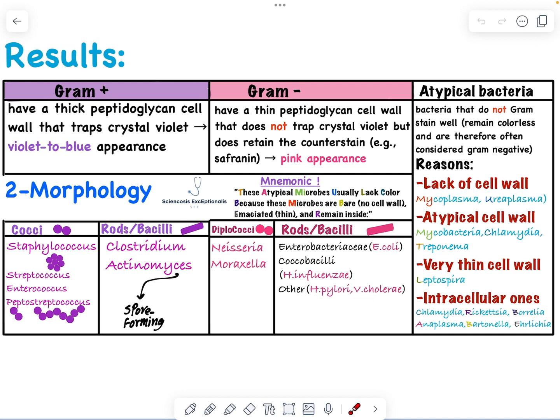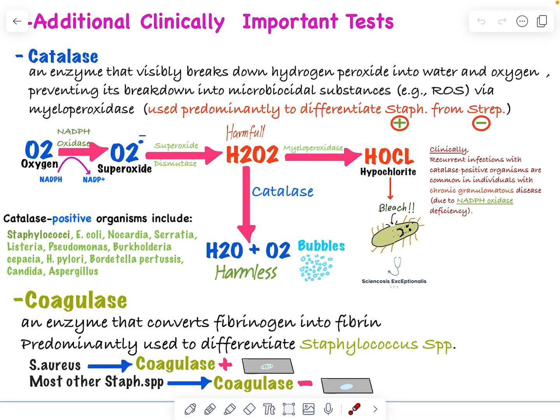Normally, our immune cells such as neutrophils try to protect our bodies from invading microorganisms, including bacteria, by creating reactive oxygen species. They start by converting oxygen into superoxide by NADPH oxidase.